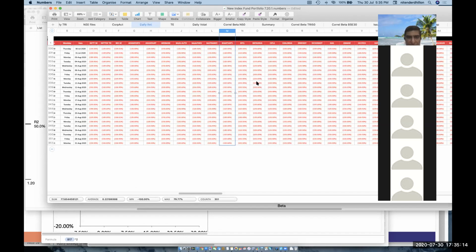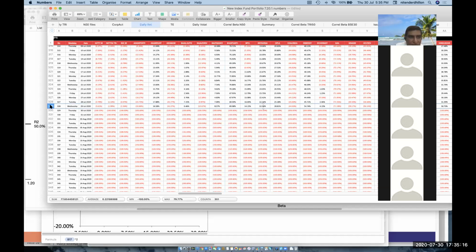Holding period return from 1st of April 2019 till yesterday: 16% in Asian Paints, Bajaj Auto 6, Bajaj Finance 8.5, but the big guys are Bharti Airtel 70%, Cipla, DRL 54.